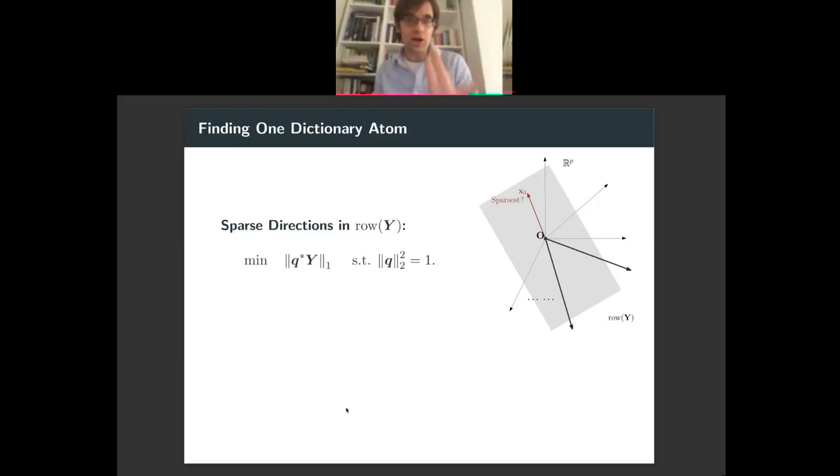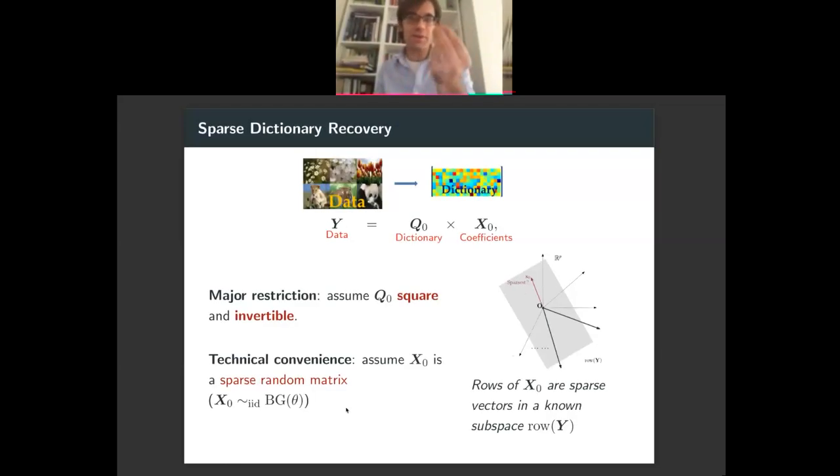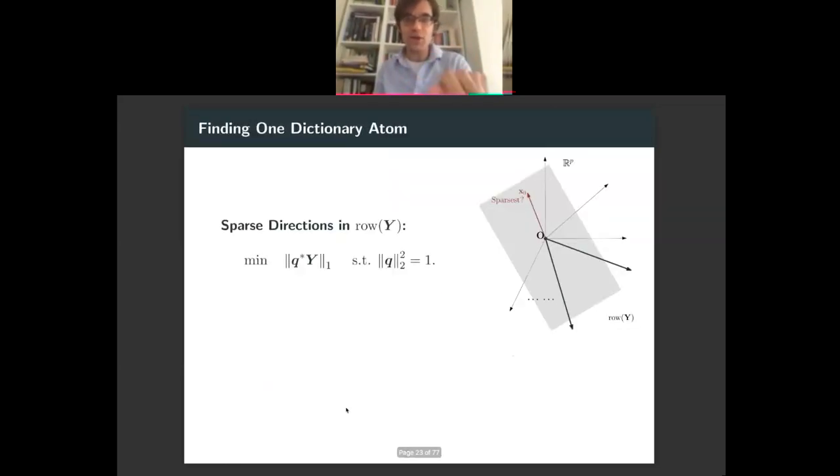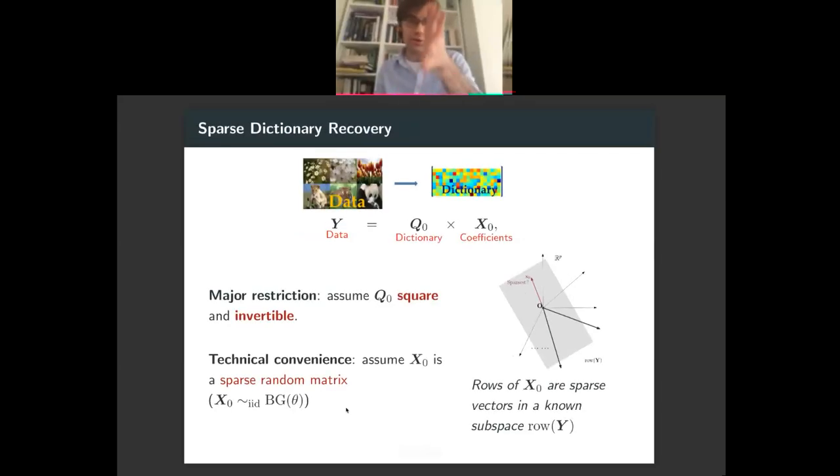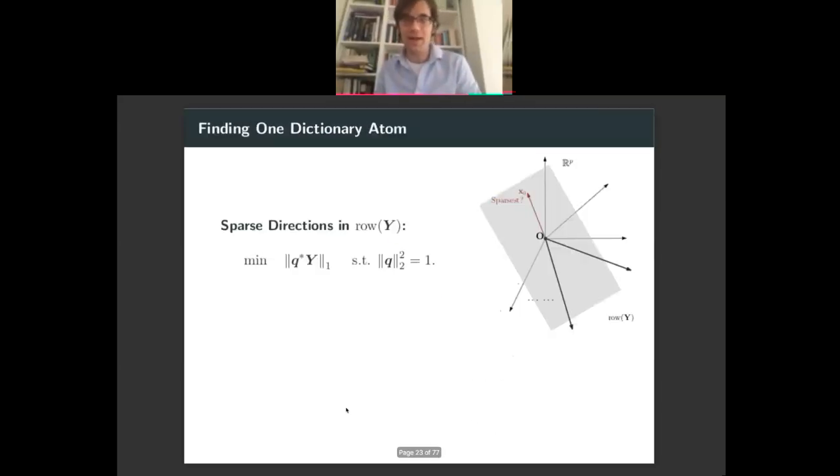So in terms of the optimization, in terms of the model that we set up, this is going to turn out to correspond to finding the dictionary atoms one at a time. And the optimal Q here is actually going to correspond to one of the columns of the dictionary Q0. So I'm finding columns one at a time.